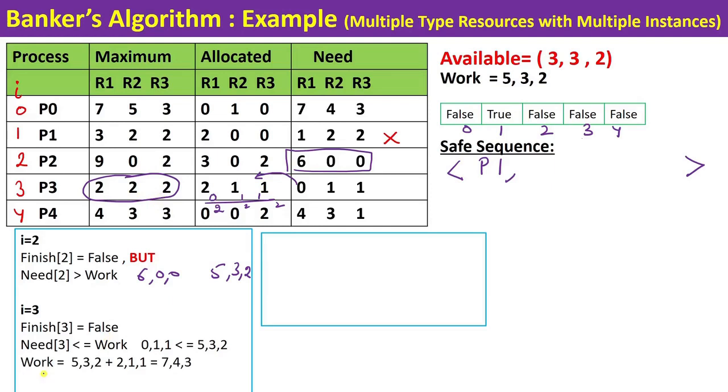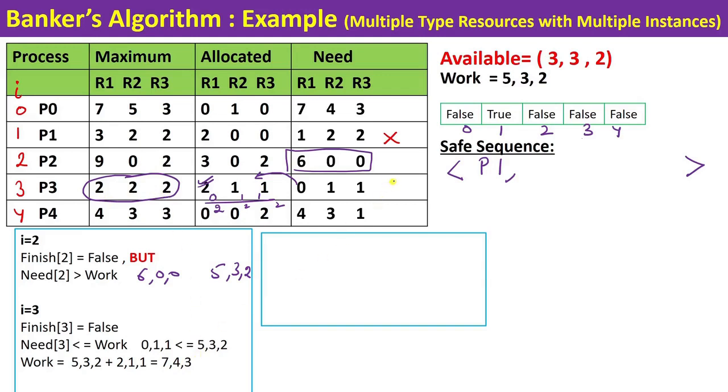So I'm simply doing work equal to work plus allocation, as I told you earlier. After doing this, 5 plus 2 is 7, 3 plus 1 is 4, 2 plus 1 is 3: 743. This is the total number of resources available in my computer system after the request of P3 has been fulfilled and it has returned all these resources.